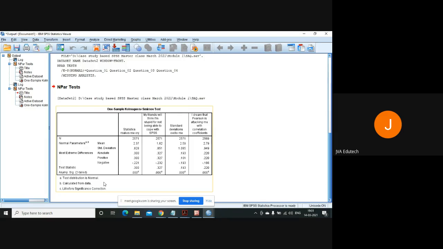So we negate whatever assumptions or theories are given by previous studies, to test whether it stands true in our sample or in our population, because that study might have been done on different samples or a different population.